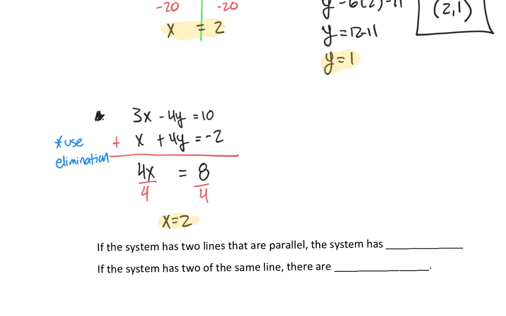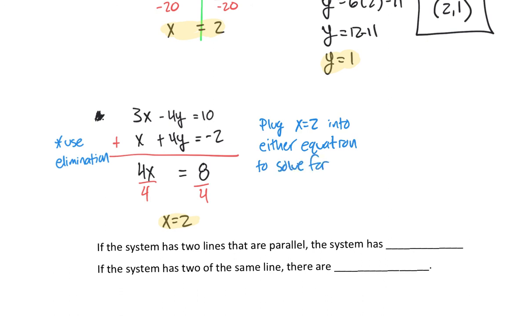I noticed that I had opposite coefficients or opposite numbers by the y's. And so I added those 2 equations together. The y's went away. So my last step then, just like what we did before, is we need to plug x equals 2 into either equation that we started with to solve for y.